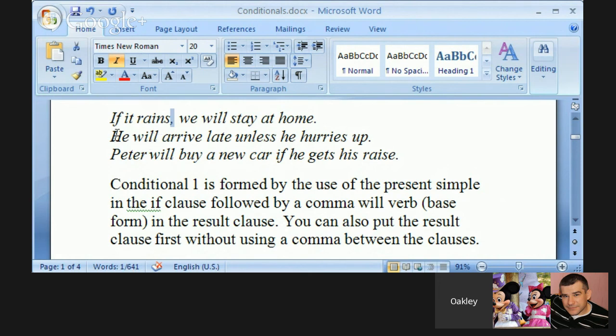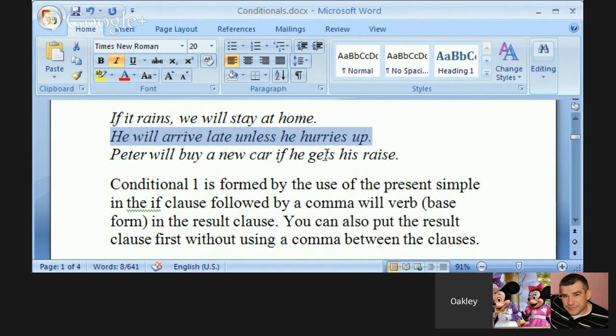Okay, here's a sentence where we use the condition in the second part of the sentence as the second clause. He will arrive late unless he hurries up. Very straightforward. Again, I could say he will arrive late if he doesn't hurry up.